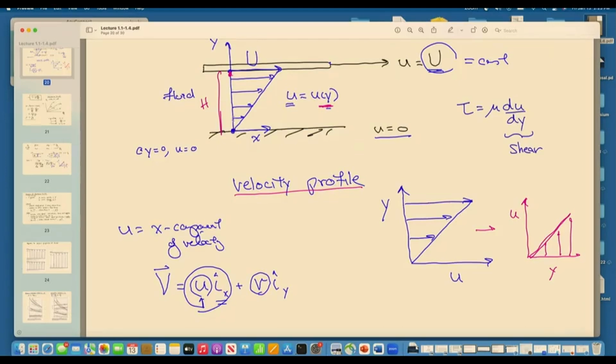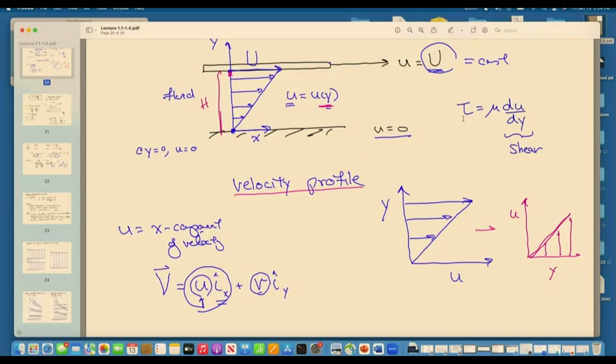At y equal to this location, the u velocity is this value. At y equal all the way up to H, the velocity little u equals big U. And that velocity distribution, which we showed, was equal to big U over H times y, is represented by this. That's the velocity profile.